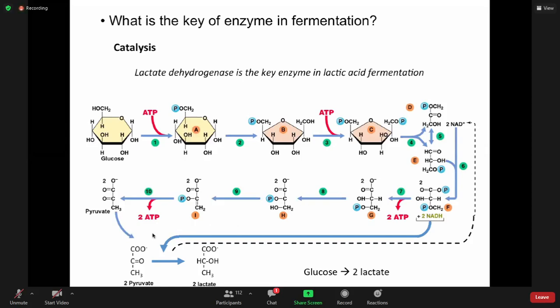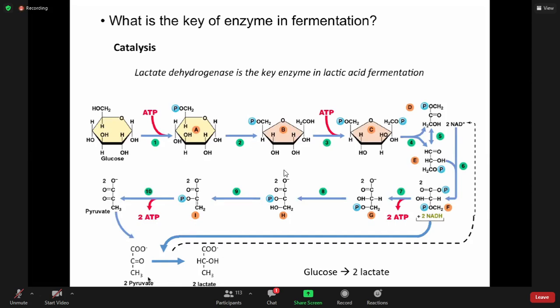So if you produce pyruvate from glucose, pyruvate is reduced to lactic acid by a specific enzyme, lactate dehydrogenase. This is a really important enzyme in lactic acid fermentation. If you don't have this enzyme, you cannot produce lactic acid.